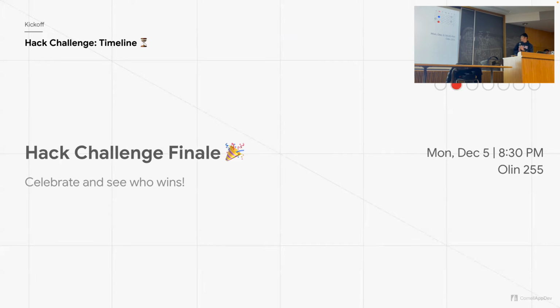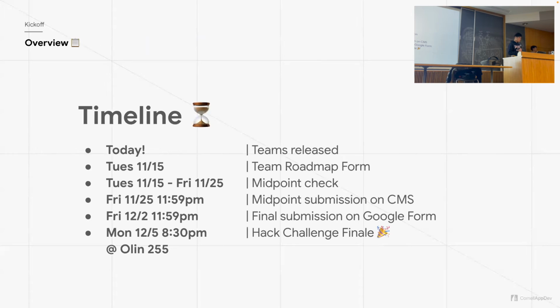And that Monday we'll have the finale in Olin 255 at 8:30 p.m. So it's going to be slightly different than your class schedules, but just keep that in mind. So again, just an overview of the timeline. Today is when we're going to be matching you with your teams, and you're going to be meeting your teammates, also potentially meeting your mentors if applicable.